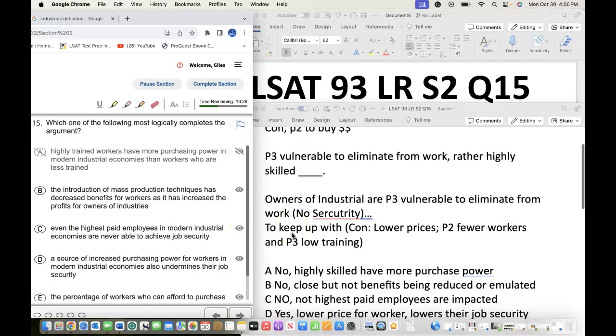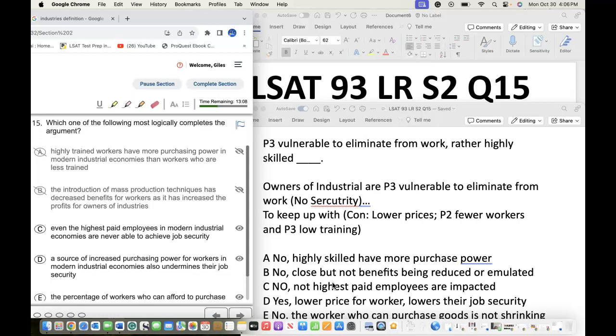No. It's close, but the benefits being reduced or eliminated is not really what's being reduced or eliminated. It's kind of the workforce, if that makes more sense. C. Even the highest paid employees in modern industrial economies are never able to achieve job security. No, it's not the highest paid employees who are being impacted.